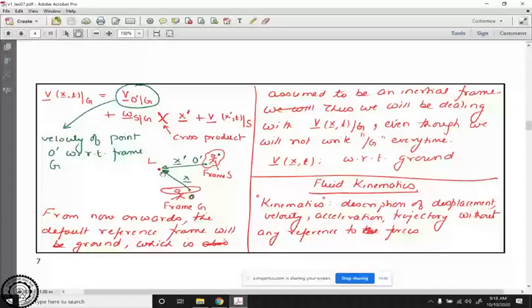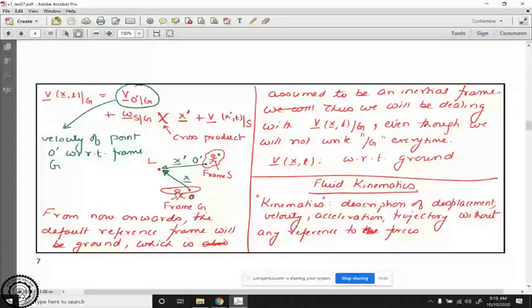All right. So this kind of velocity transfer is important in fluid mechanics also, because here also we would like to change frames sometimes. So suppose an aircraft is flying, and I call the aircraft frame S, and let G be the ground.